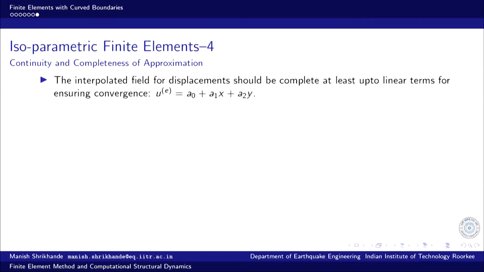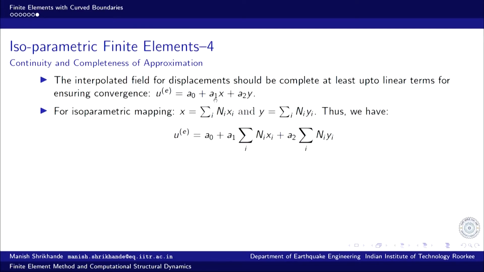The interpolated field for the displacement primary variables should be complete at least up to the linear term. Again, we take an example for 2 dimensions just for ease of analysis. The arguments are exactly similar for 3 dimensions, it is just one more term.